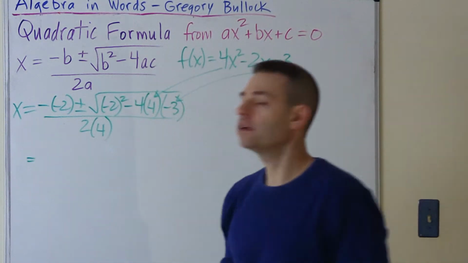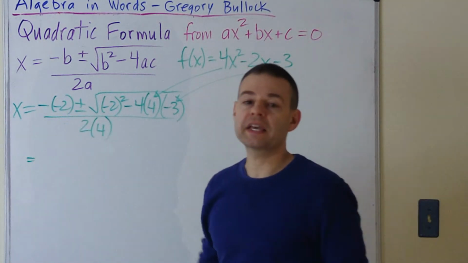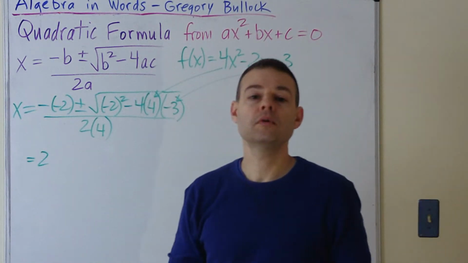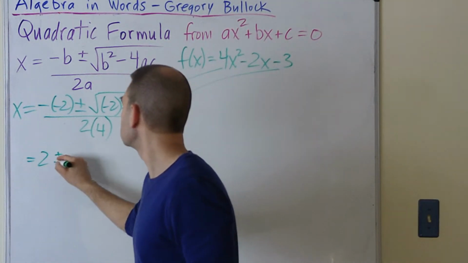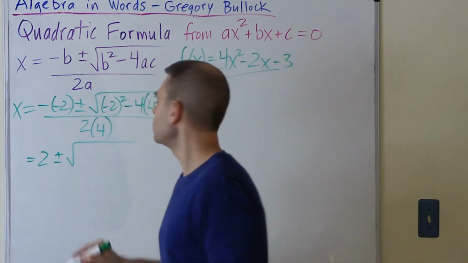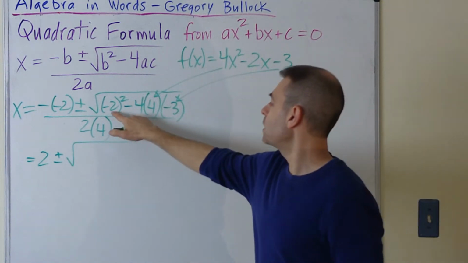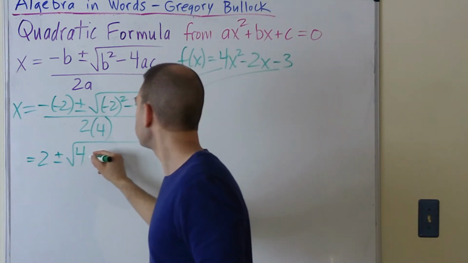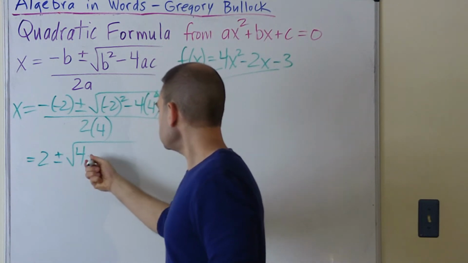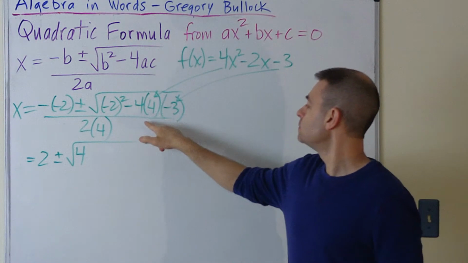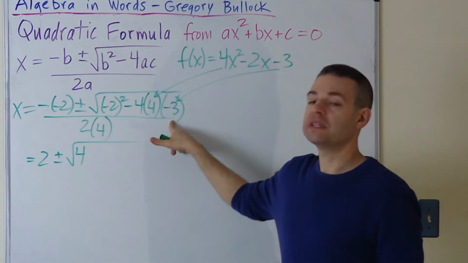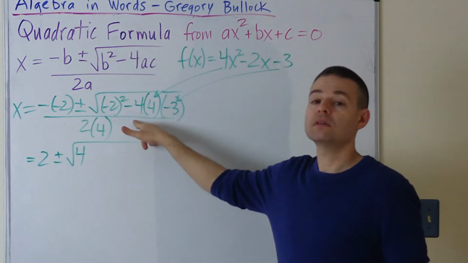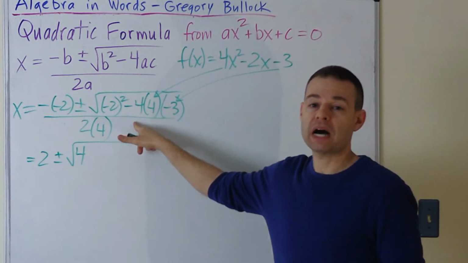So let's come down here, and we have negative of -2, which is +2. We'll write 2 plus or minus, and the square root. -2 squared becomes +4. And now we have, let's do 4 times -3, which is -12, times -4, which becomes +48.